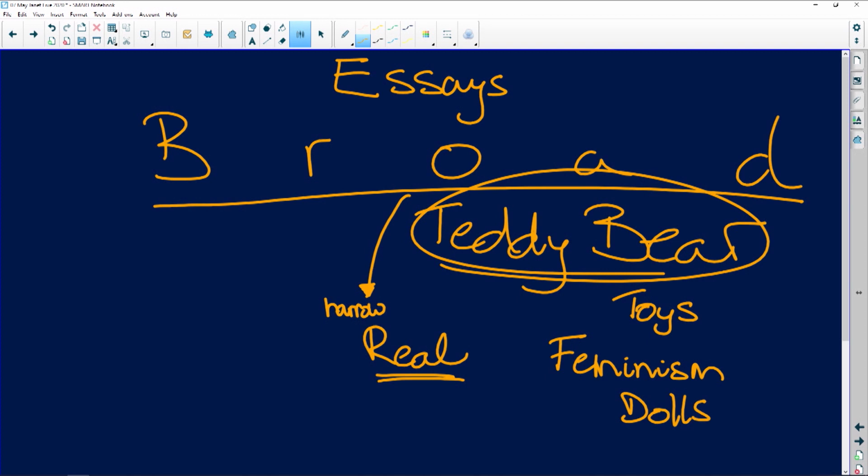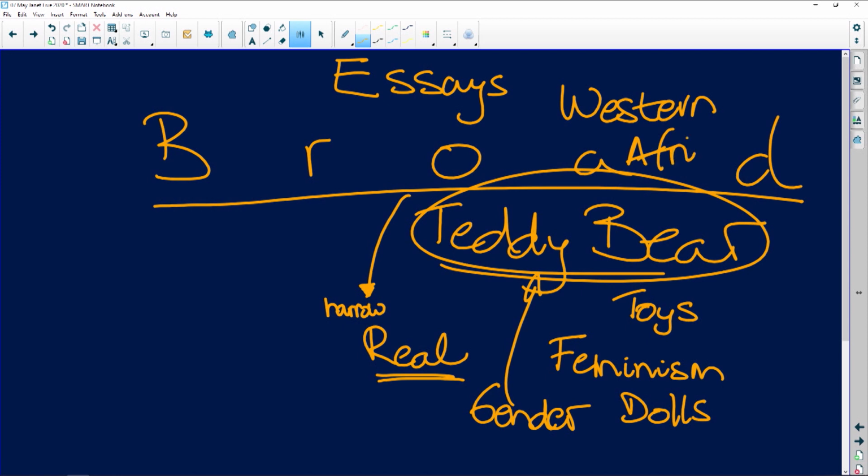We know that there are also people who feel that gender should not be an issue with toys. Well, a teddy bear could be for a boy or a girl. What about the issues of Western kind of colonial type toys like a teddy bear? Should we not have African toys?